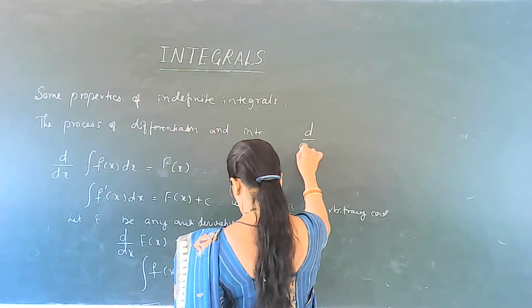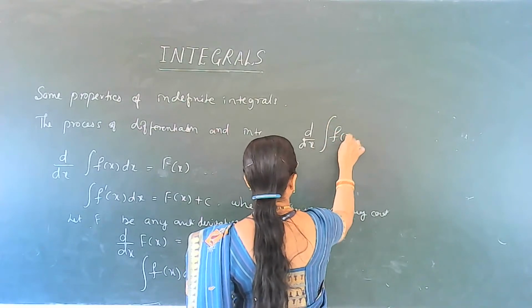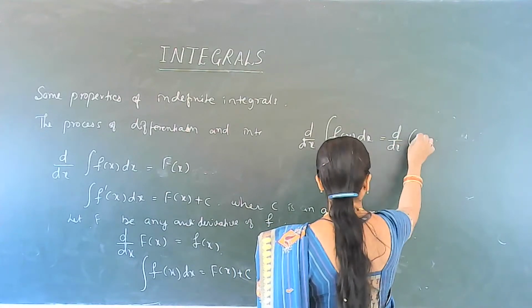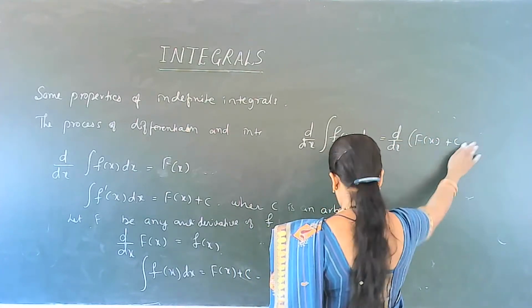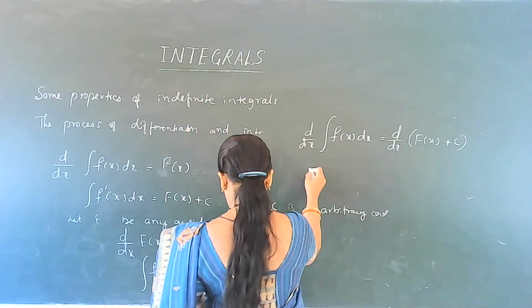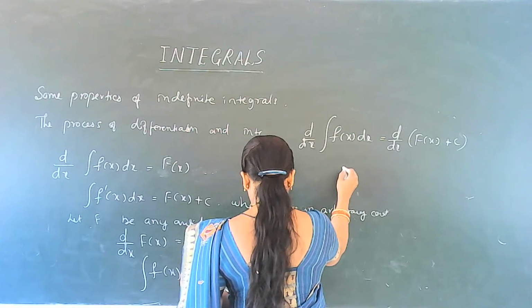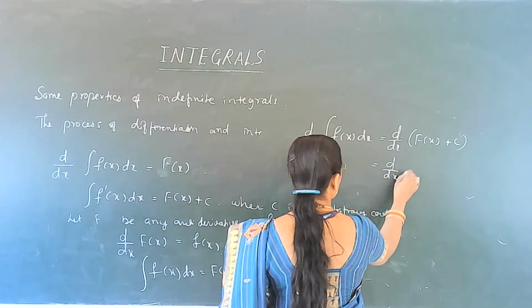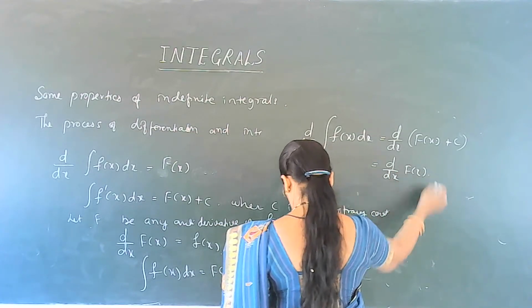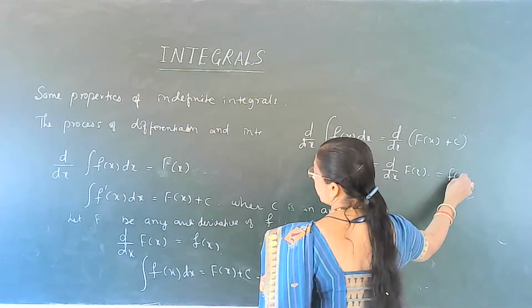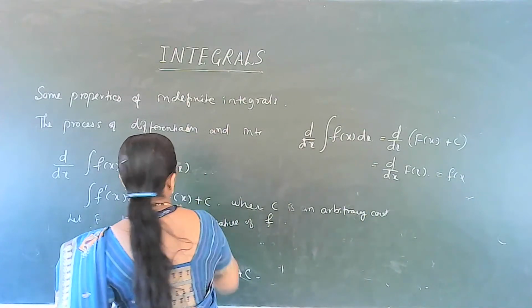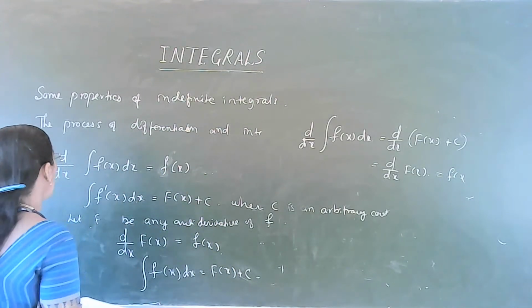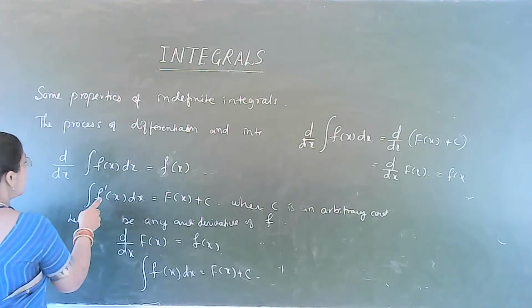And d by dx of integration of f of x dx is equal to d by dx of F of x plus c, which is equal to d by dx of F of x, which is equal to f of x.